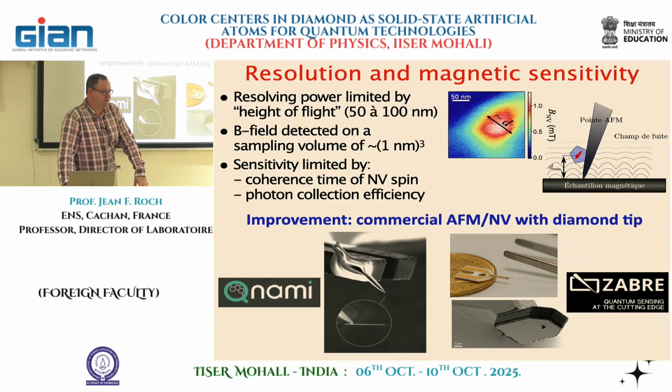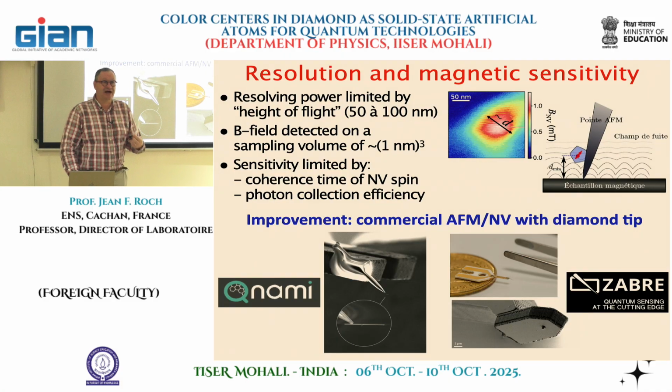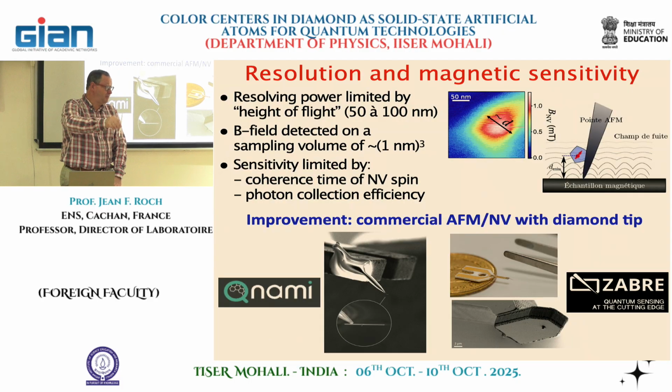That's a really remarkable technological achievement, and it led to a much more practical system with more control, because now, for instance, you know the orientation of the NV. You can now even purchase tips that are realized from 111 material. So the NV is perpendicular to the surface, and that will be very sensitive to a stray field along this direction.